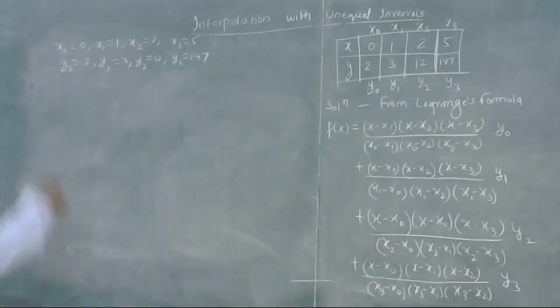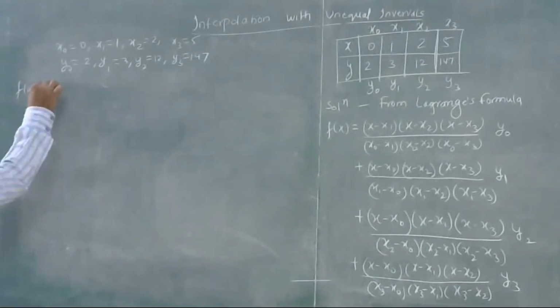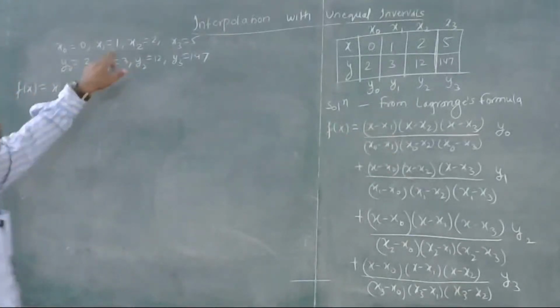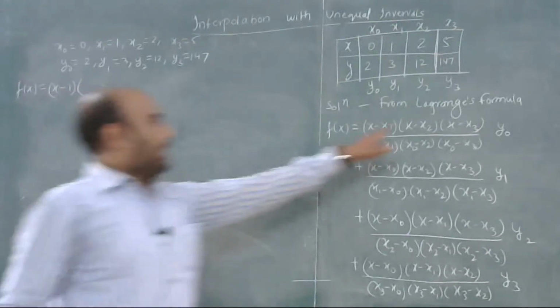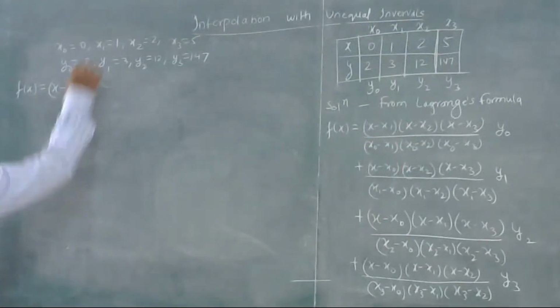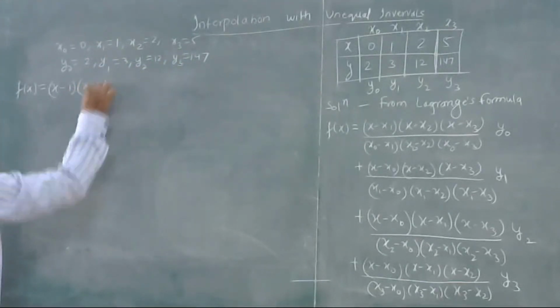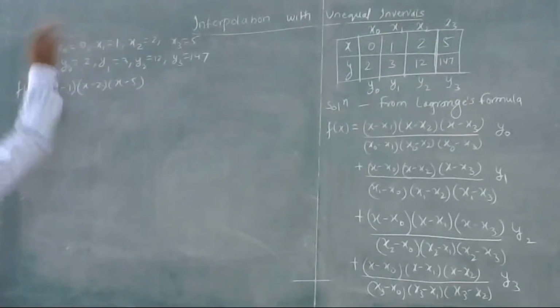So f of x will be equal to (x − x1), the value of x1 is 1, so x − 1. Then x − 2, that is x2, and x − 5. Here x0 will not be taken.